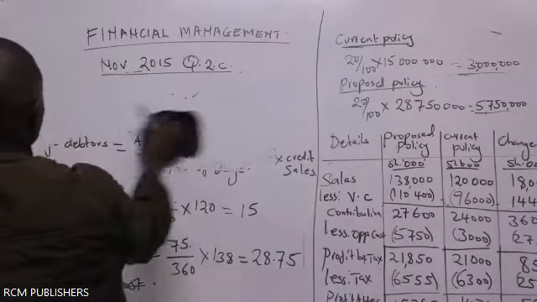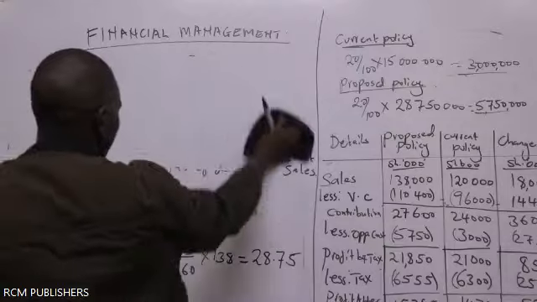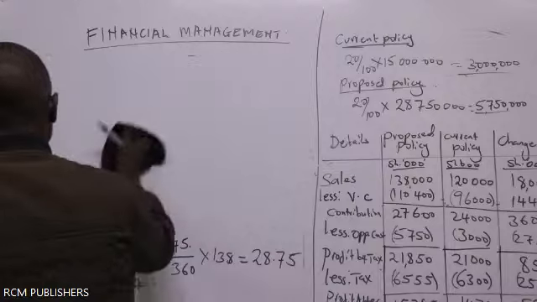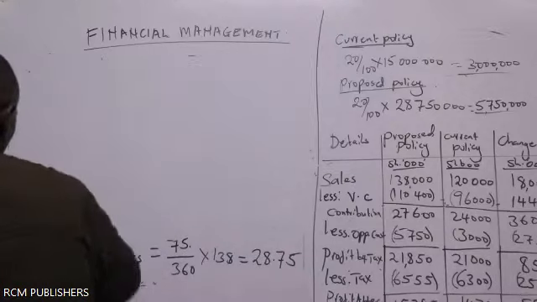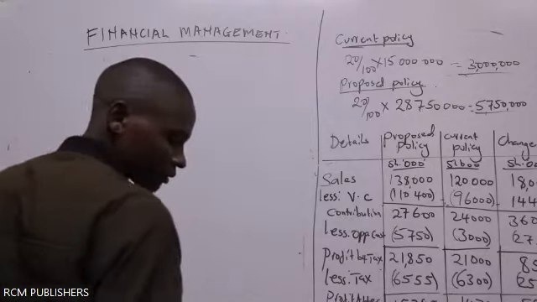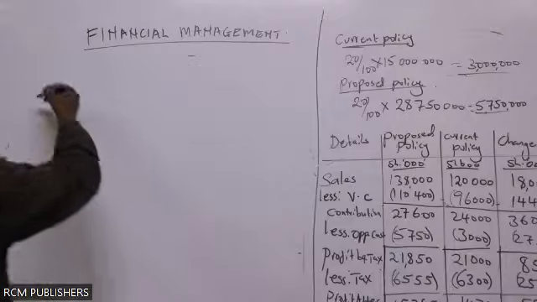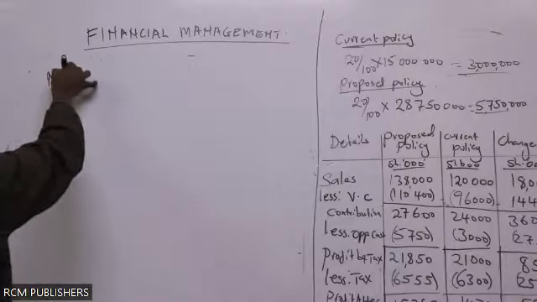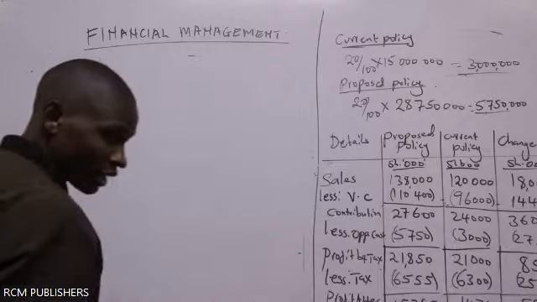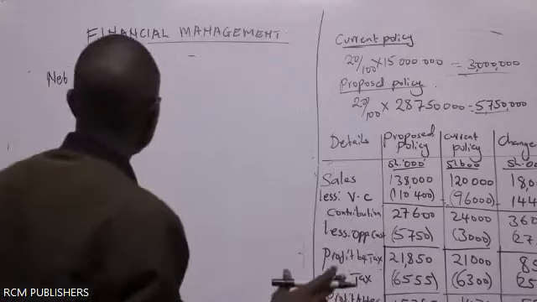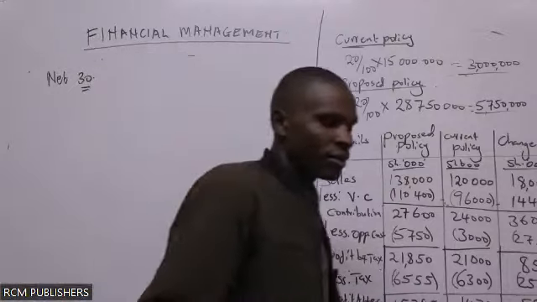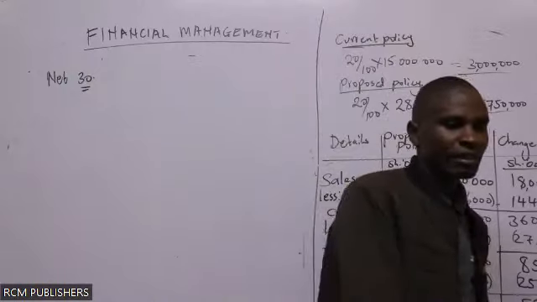Let me just click up that for you. But the boot of November 2017, so that when you do that, tunasema net 30. Sikia hivi. Sasa kuna vile hiyo haijatosha bado. Kuna vile it should be net 30, then some information telling you of a discount.